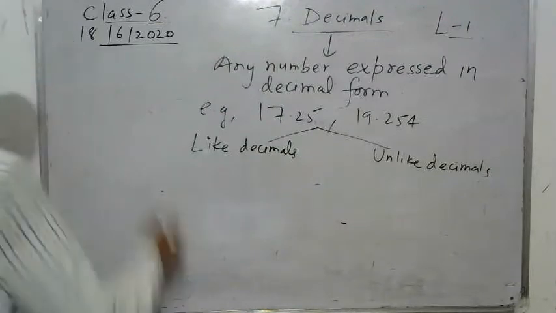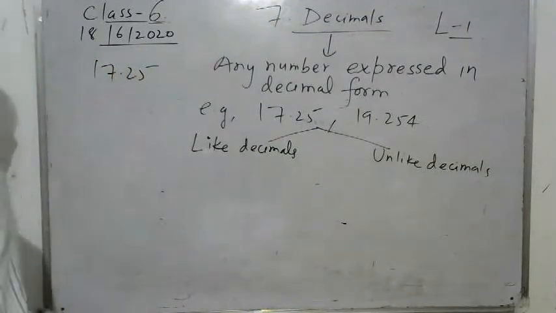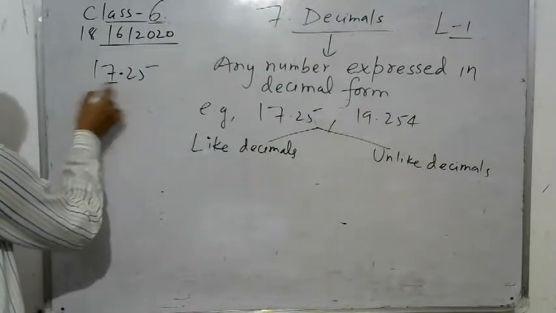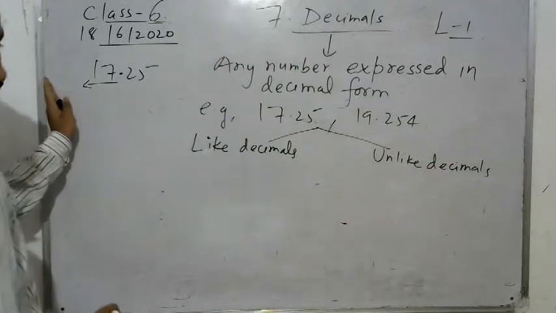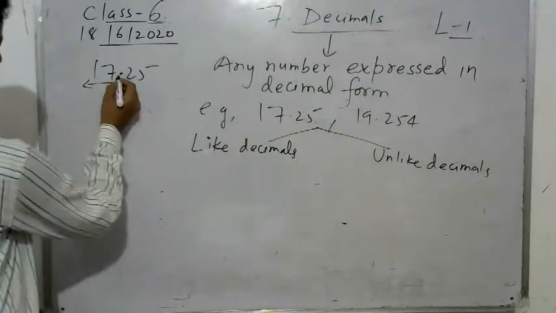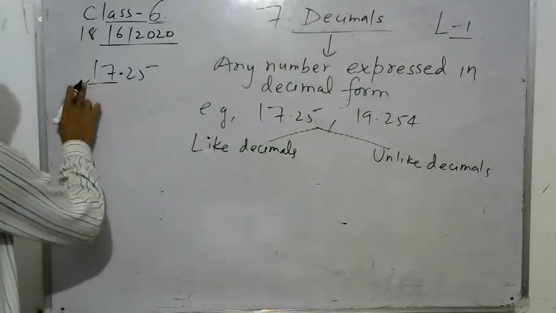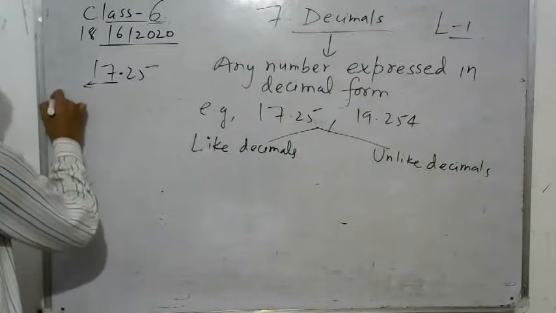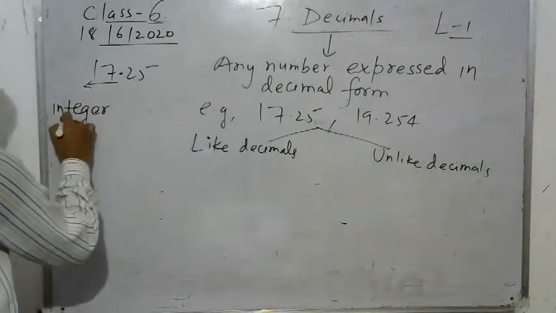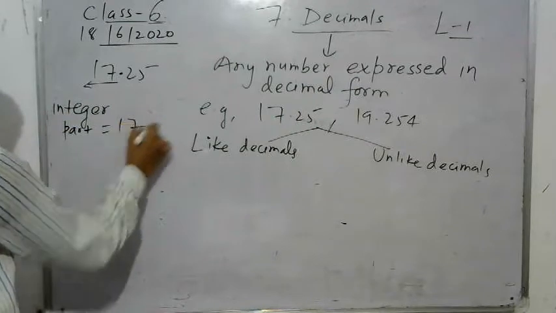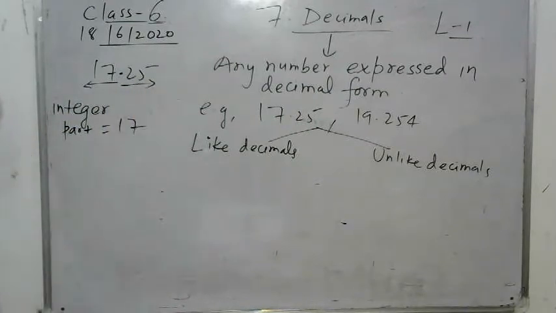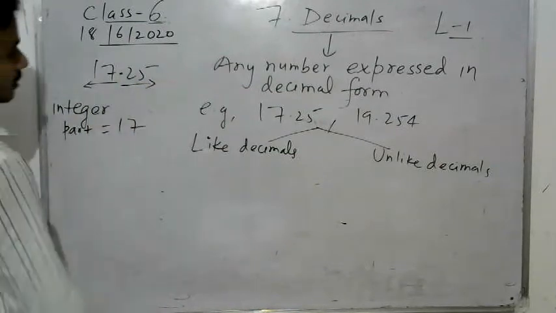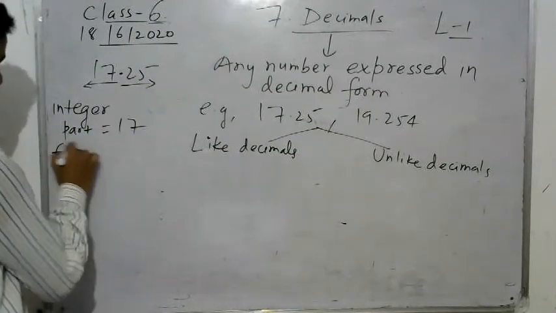One more thing is, in the decimal 17.25, the number before the decimal point is known as integer part. So here integer part will be equal to 17, and the number after the decimal point, including the decimal point, is known as fractional part.